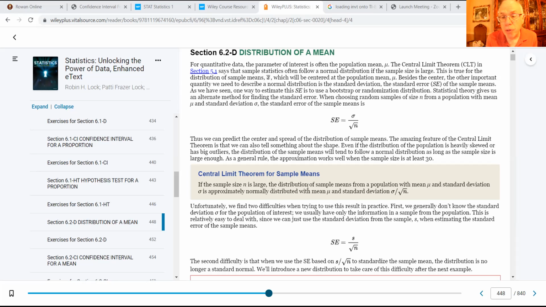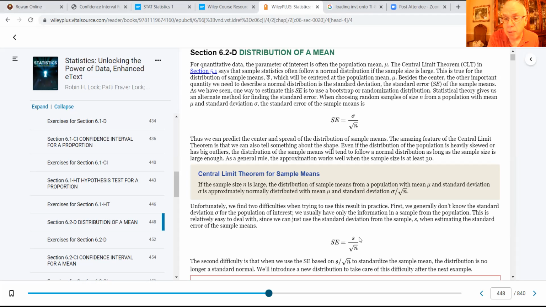Now, one of the problems with this formula is that the numerator, the population standard deviation, is typically unknown. So what statisticians have recommended is that we replace the sigma with s, the actual sample standard deviation for that particular sample that you have.